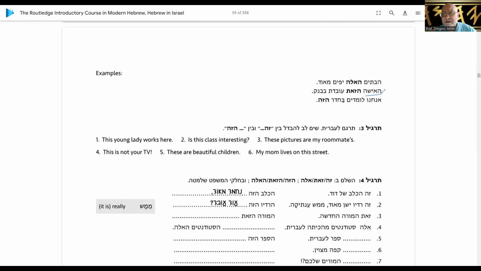Okay, so ha'isha hazot. Now this would be like the woman, the this. So it's like this woman. Ovedet, that comes from working. Babank. Okay, so this woman works in the bank. Ha'isha hazot ovedet babank.